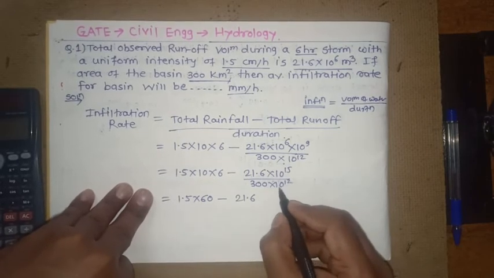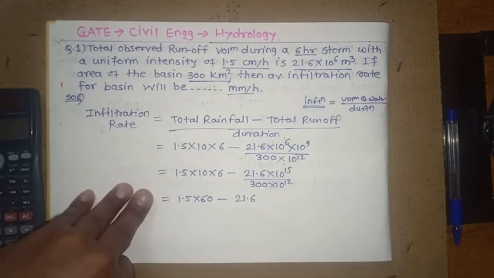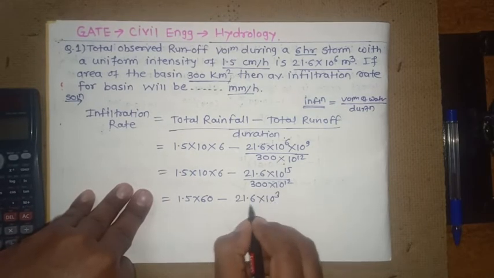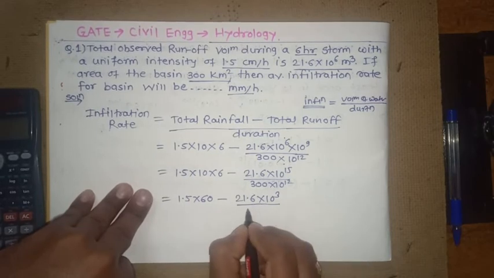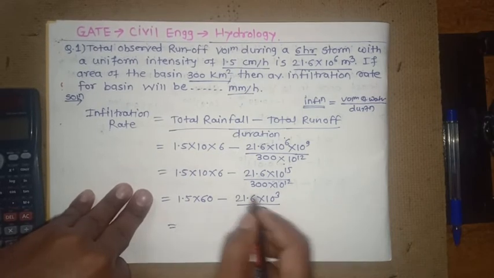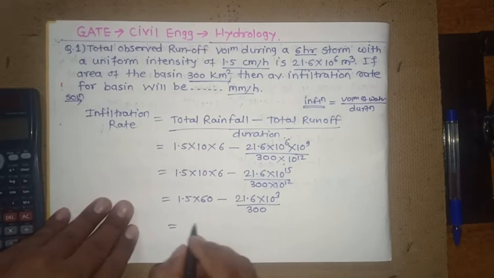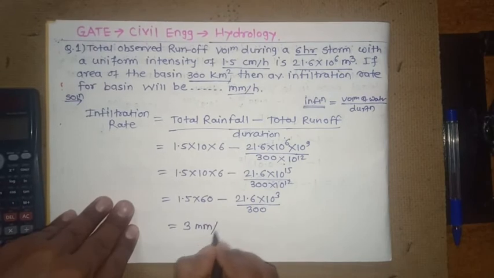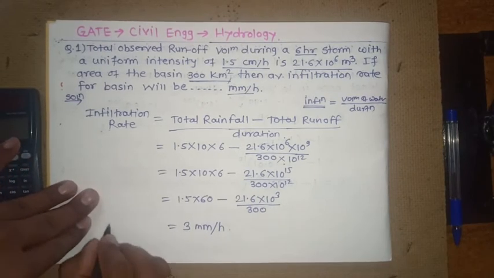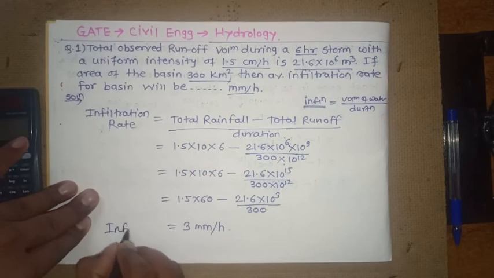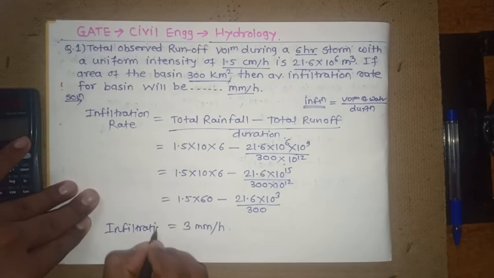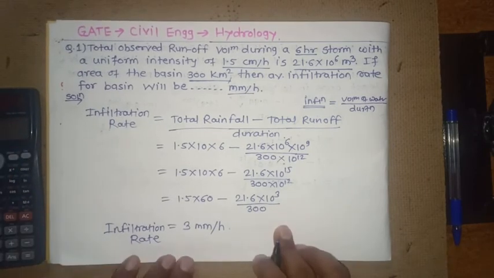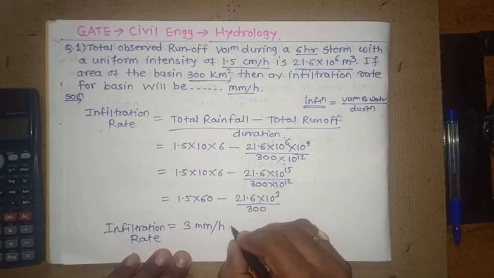Bring this 10 to power 12 to the numerator, then we have 21.6 into 10 to power 3 upon 300, and finally solving this we have 3 mm per hour. It is our infiltration rate. So infiltration rate is equal to 3 mm per hour, and that is our answer.